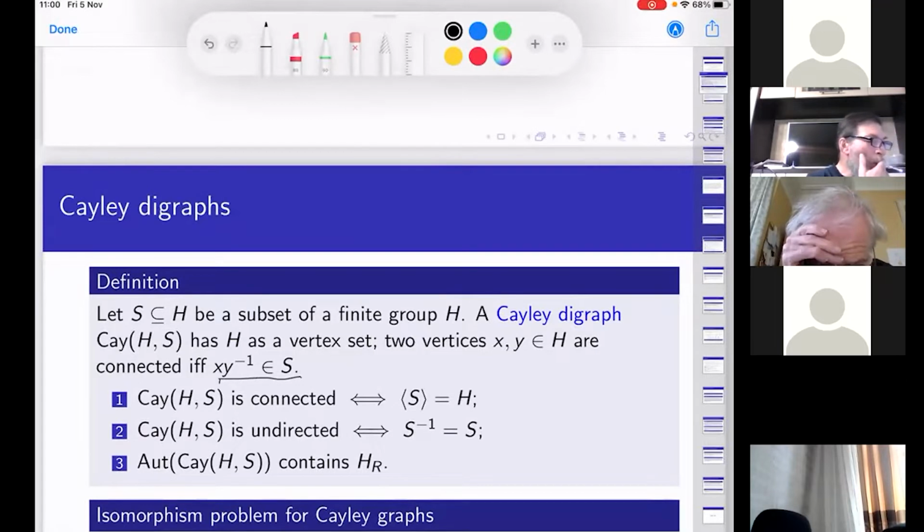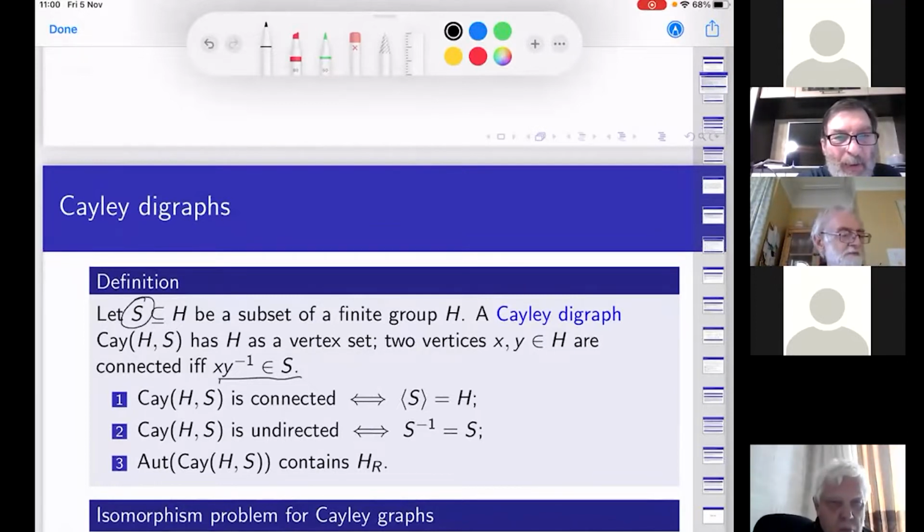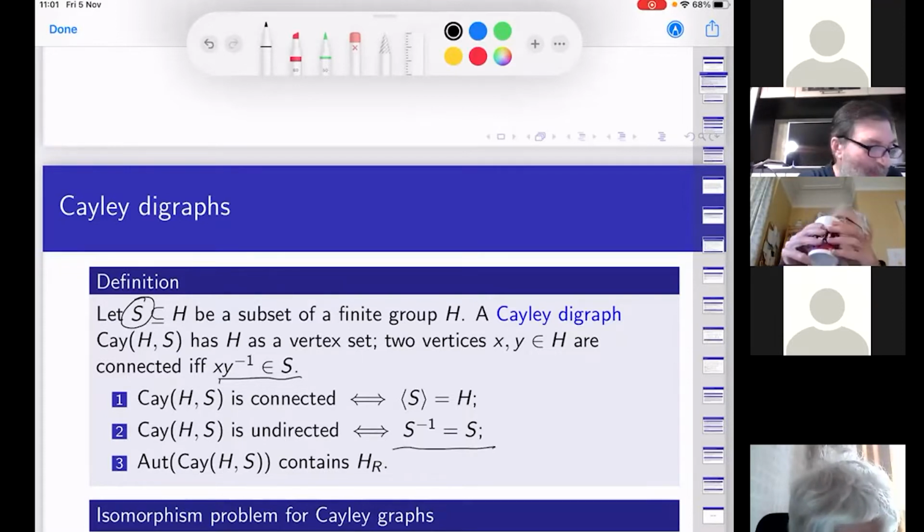So the Cayley graph is connected if the connection set, this set S is called the connection set, generates the group. It's undirected if the set is symmetric. It has no loops if the set does not contain the identity.